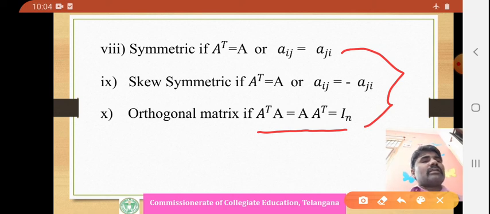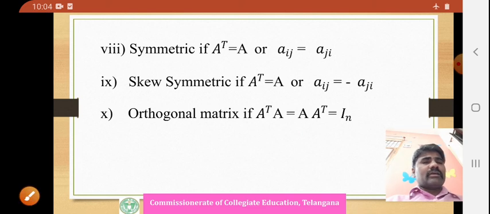Skew symmetric means the elements are real numbers. They are not in the form of a plus ib. The elements are purely real numbers. There are no imaginary parts. Like that we can understand this. These are the symmetric, skew symmetric and orthogonal matrices.